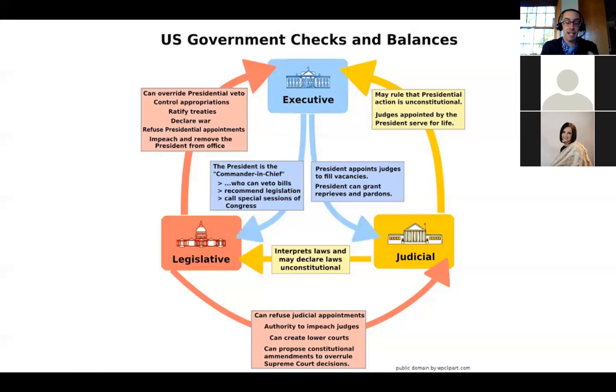There's basically a dance. Like they do something and then I do something and then you do something. So that's how it gets done, in order to prevent abuse of power or the concentration of power in one branch of the government or in one person's hand.